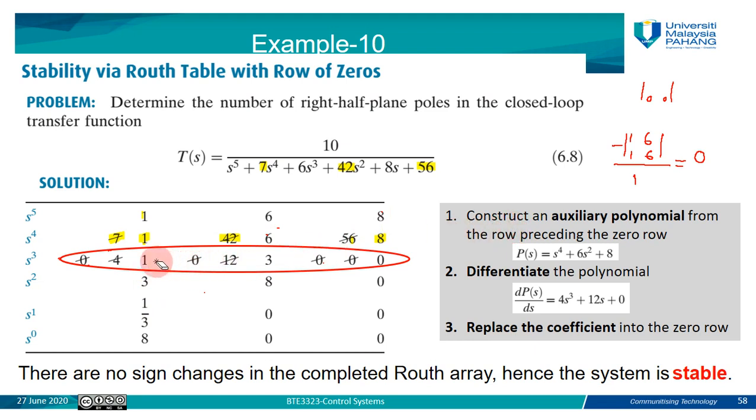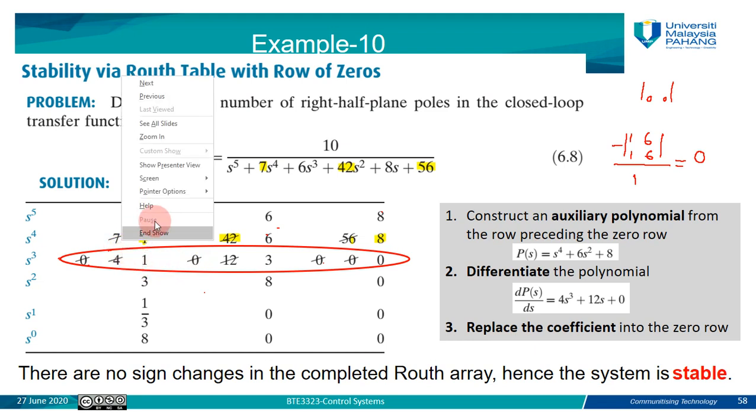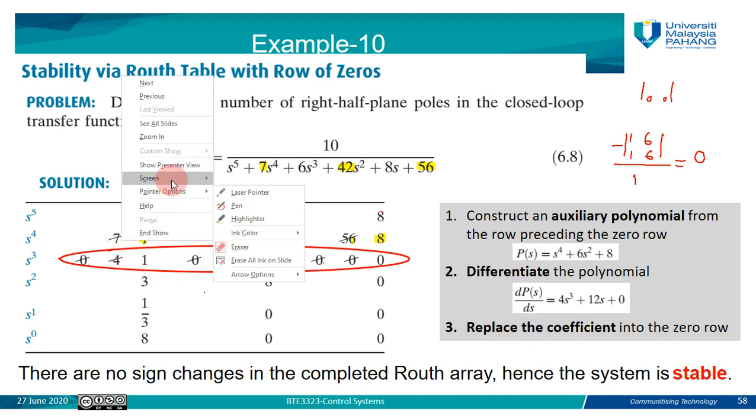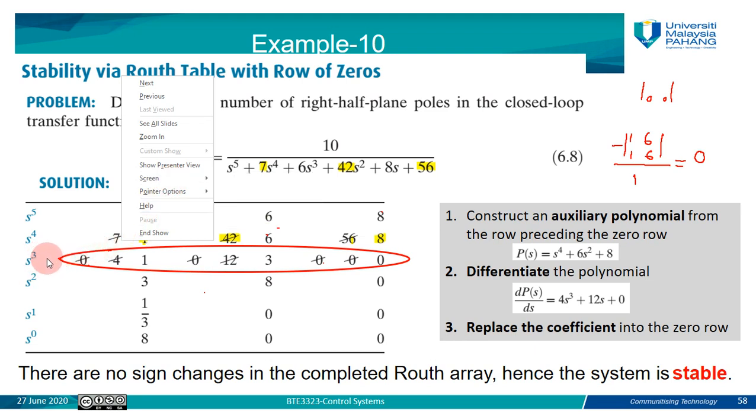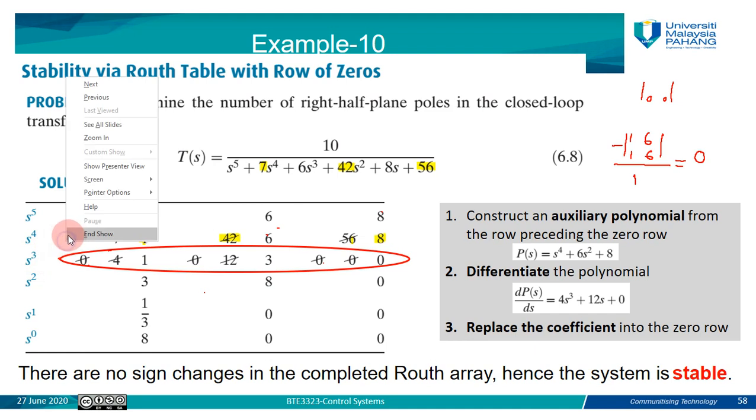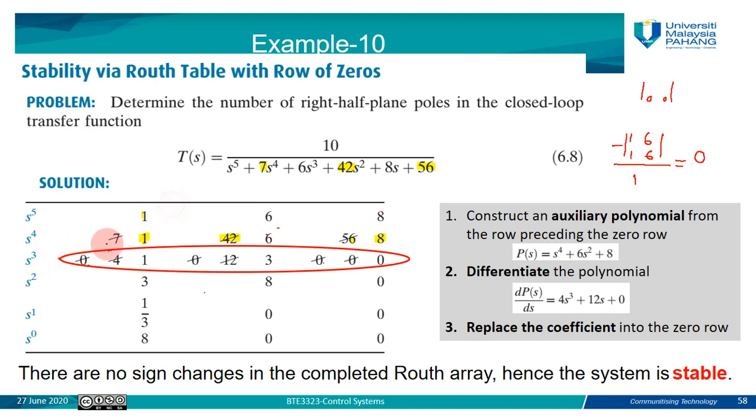Okay, so what we are going to do here, we have to go one step before the row that gives you the 0 values. Which one? The row that gives you the 0 values is this row, which is s cubic, correct? Since the row which gives me the 0 values is the s cubic row, I go one step before, to the row of s to the power of 4.